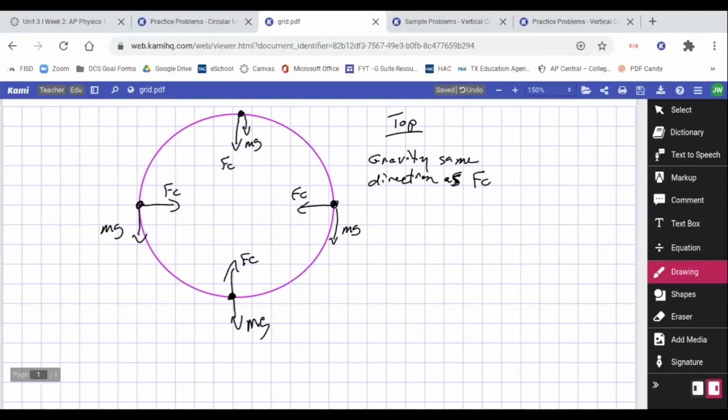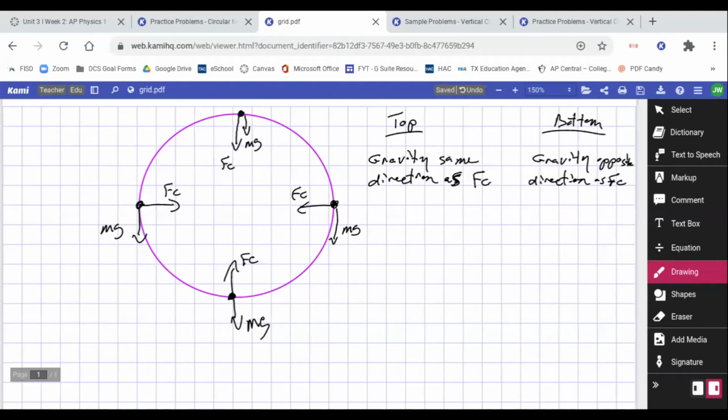So centripetal force, gravity, same direction. If we look at the bottom, gravity, opposite direction as centripetal force.